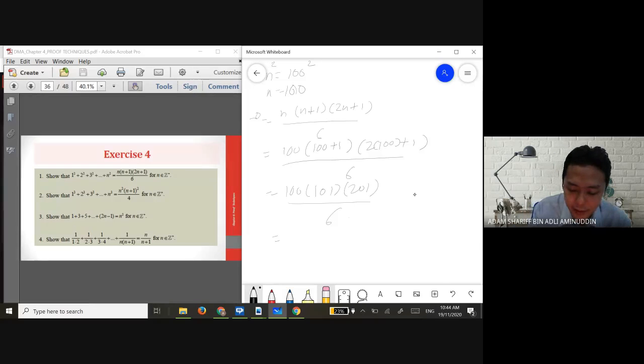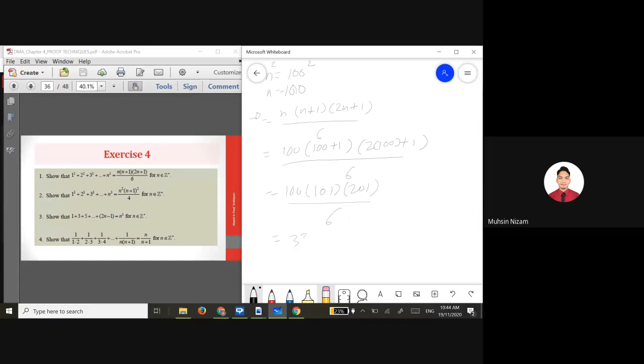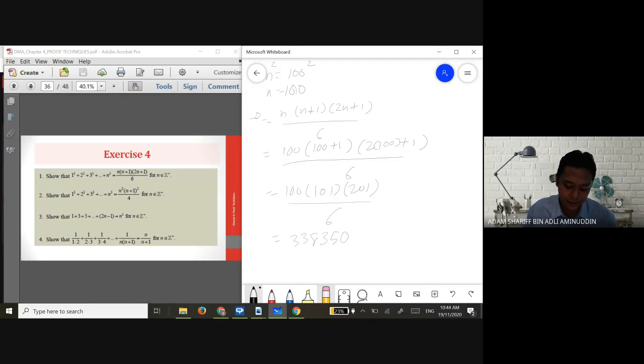Pelan-pelan. 338,350. Yes. Thank you. Okay, I hope the others also try it. You should get the same answer. As it is true for every positive integer, it's also true for n equals 100, and very fast to get it.